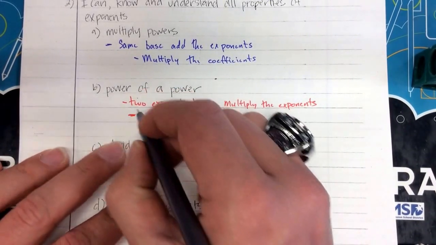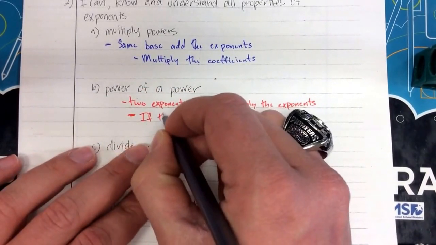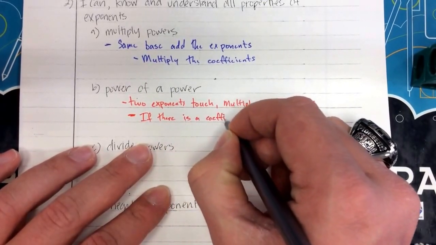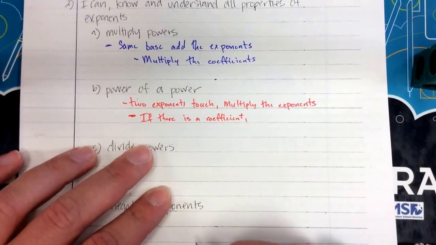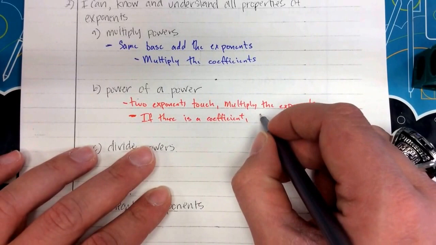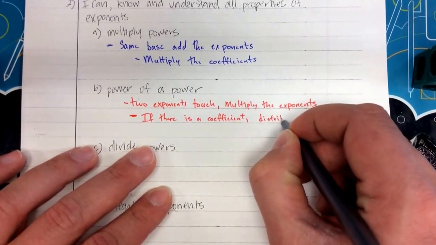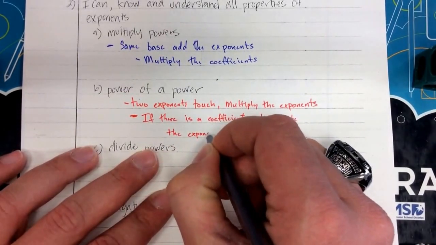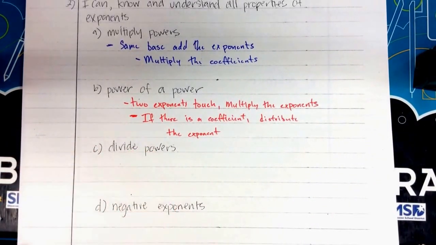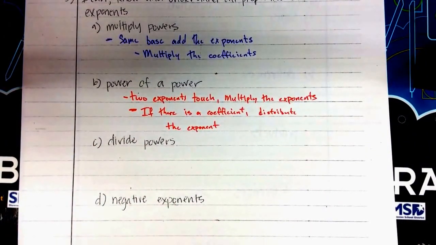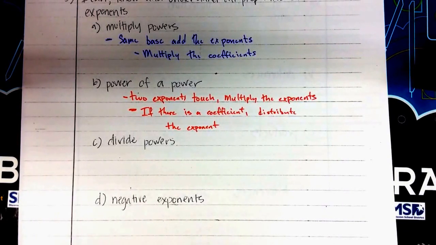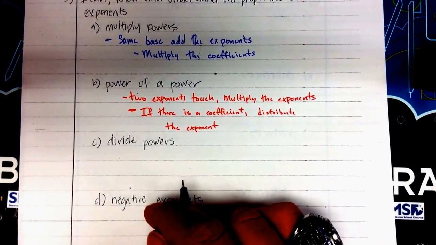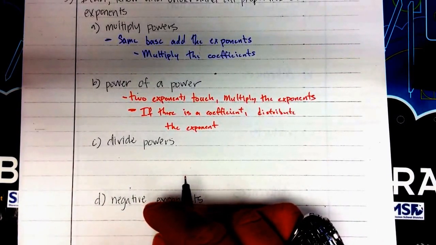So if there's a coefficient, distribute the exponent. When powers have powers, make sure you distribute the exponent to every single variable and coefficient that is in the problem.